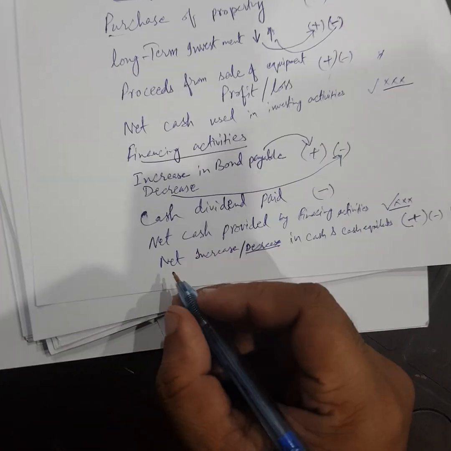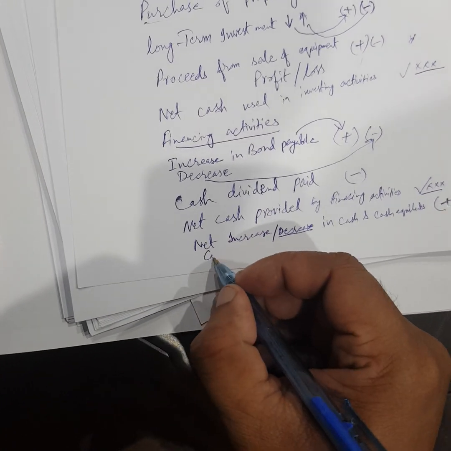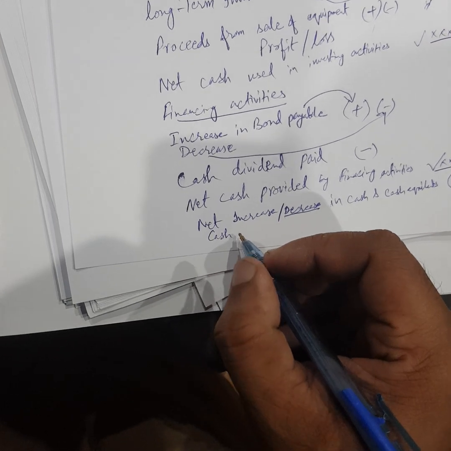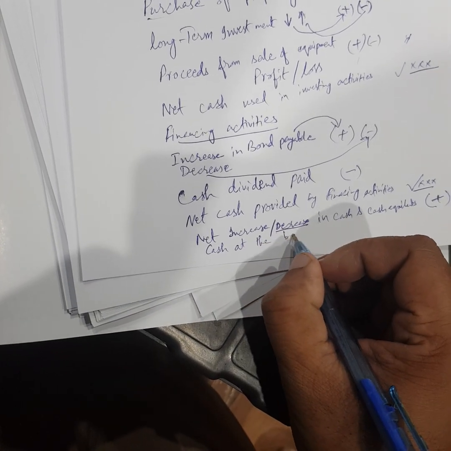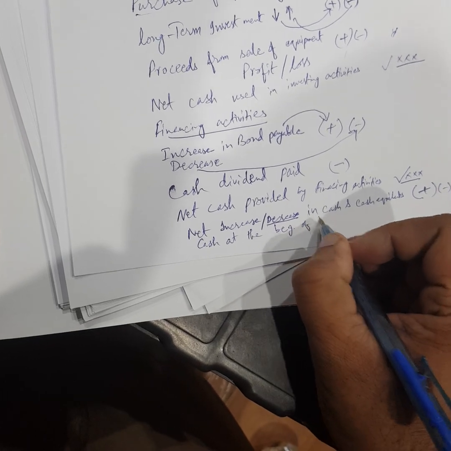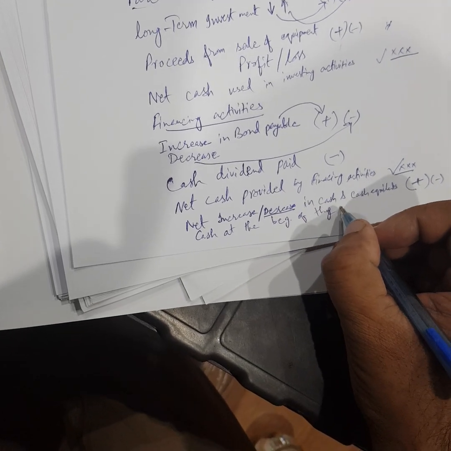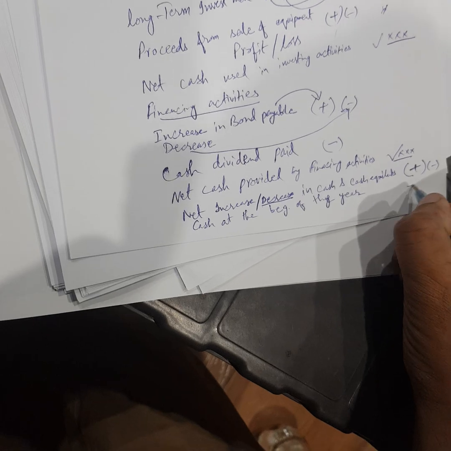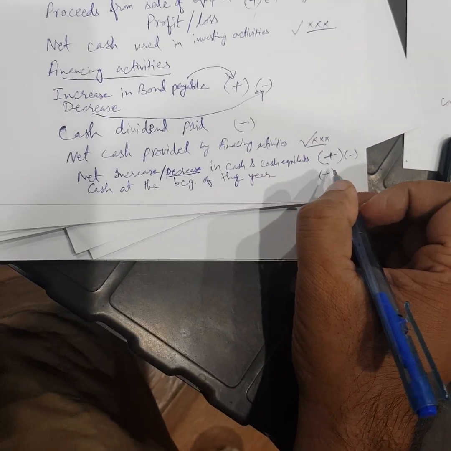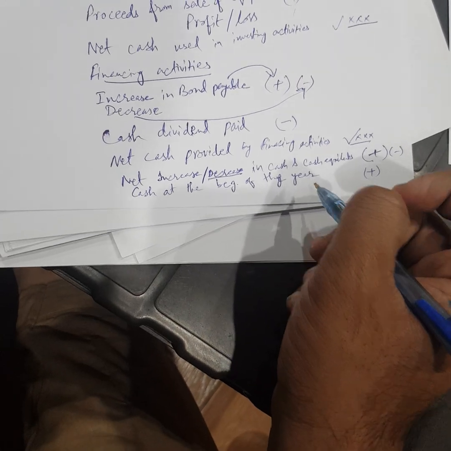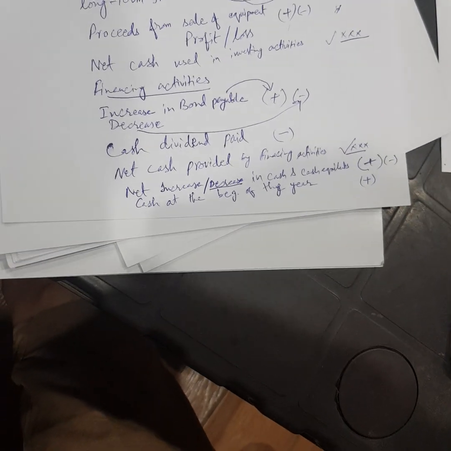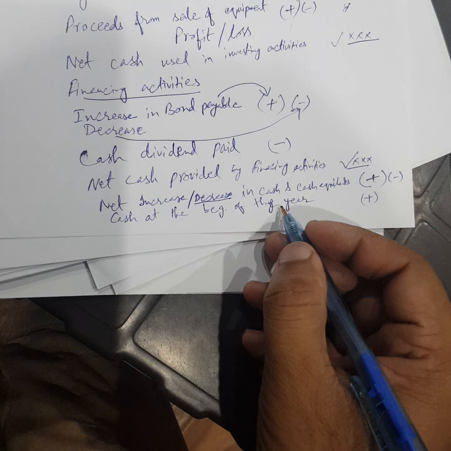Another thing that you need to do: cash at the beginning of the year, you will add it here. It is that balance that is available in the balance sheet. The ending balance of the balance sheet will become the beginning balance of the year.